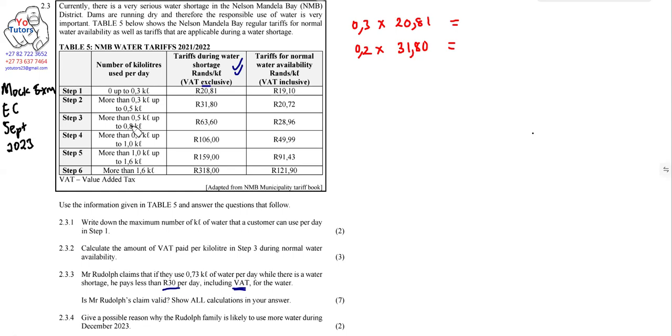Now, what we see is that 0.73 is actually below 0.8. So it means that if it lies between 0.5 and 0.8, we're going to say 0.73 minus the minimum value that we have in that category, in that step.